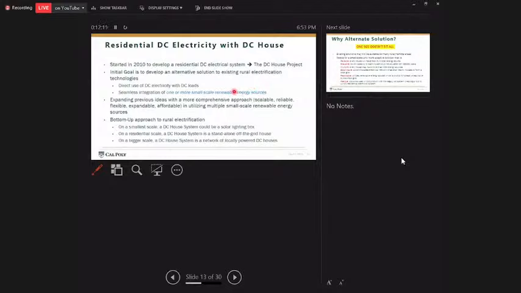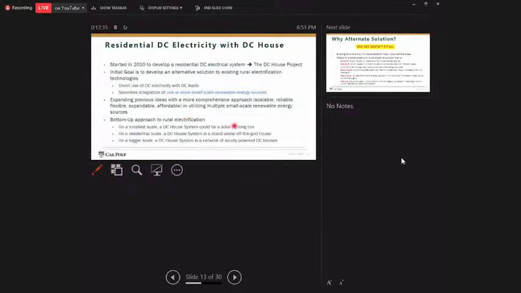But many of the sources are small scale. And it's too bad that we are not using those in the most optimum way. A lot of waste of not being able to use. So that's why we can improve this by having an alternative solution to be able to utilize those. And it's a bottom-up approach to rural electrification.